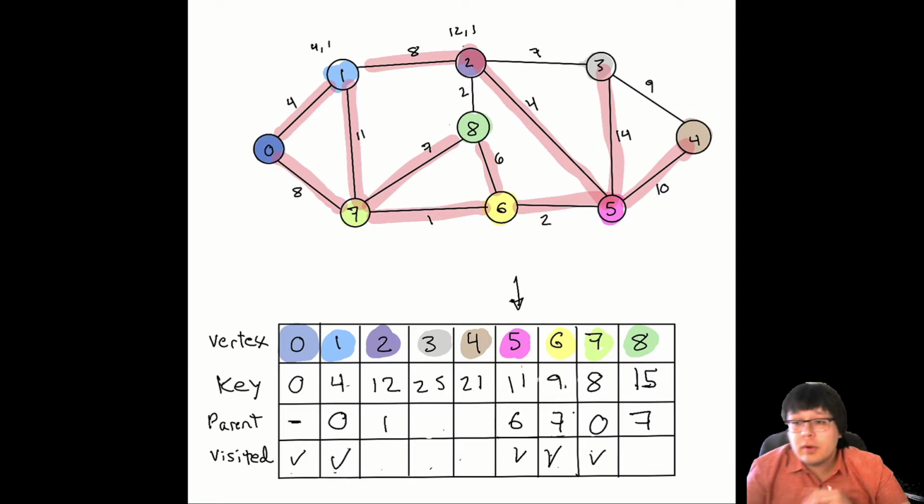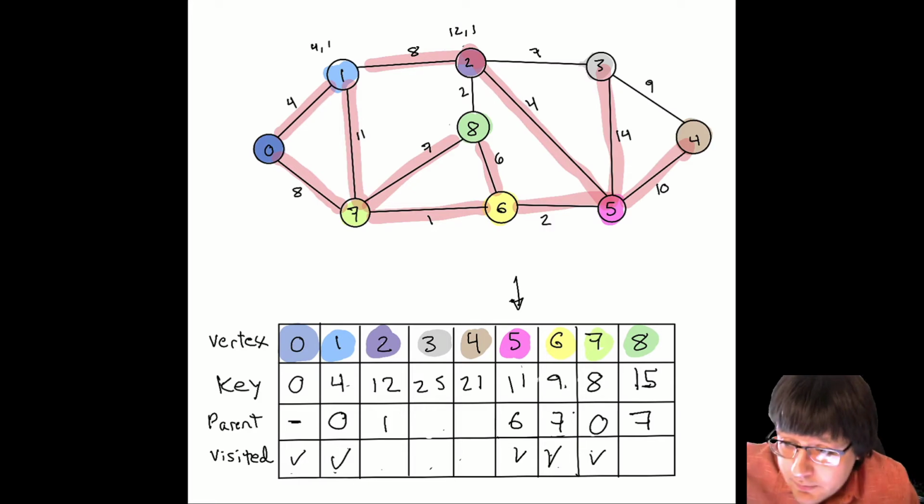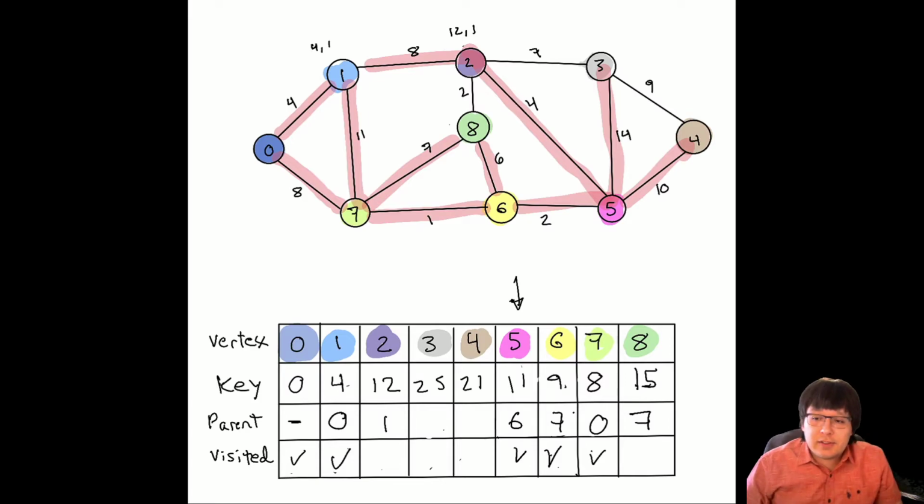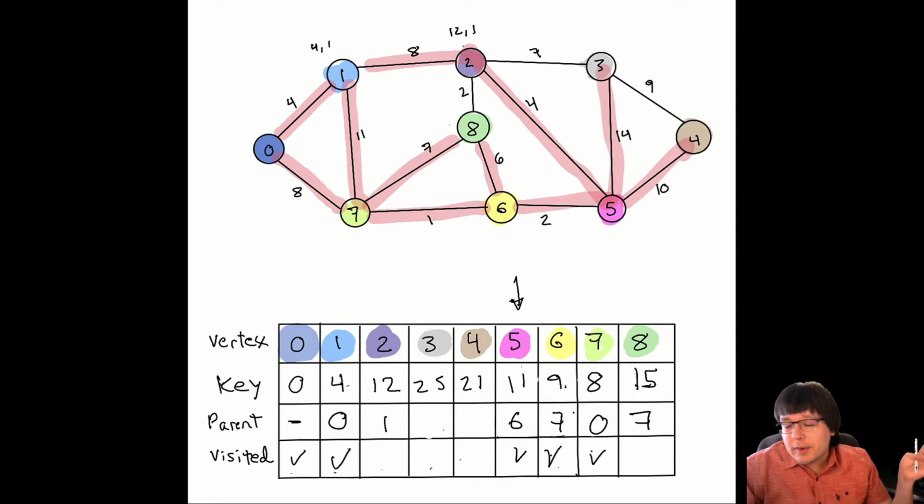So that's pretty cool. We no longer have infinity in any of the key values of any of the vertices. What this tells us actually is that the graph is at least weakly connected, I suppose. But actually, it's an undirected graph, so we don't really think about strongly and weakly connected. What it tells us in short is that all the vertices are reachable from the source node.